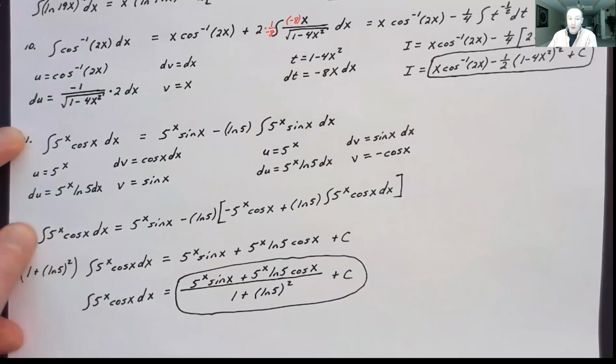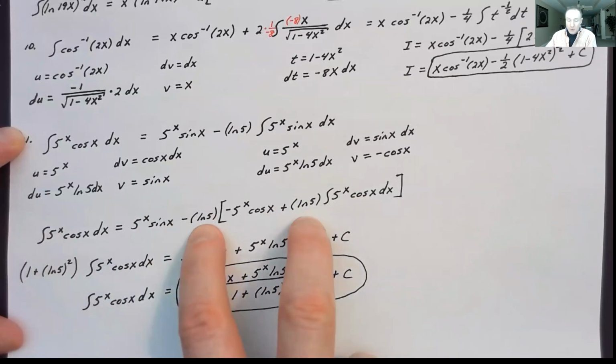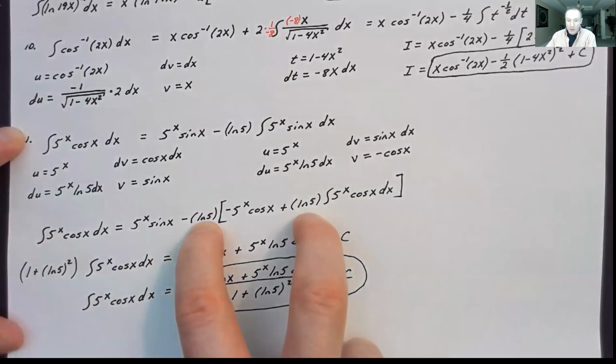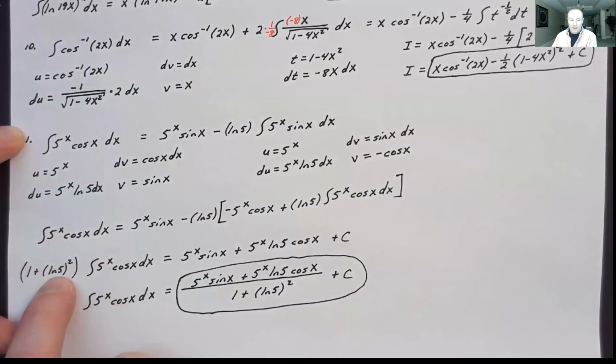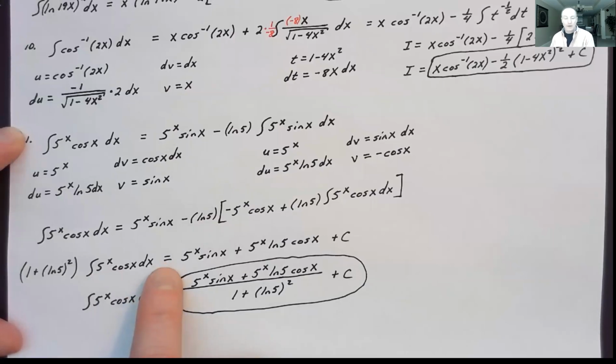Well, 1 plus the natural log of 5 quantity squared, when I move this to the same side, gives me this as the coefficient. And no, you do not want to put that as a decimal. We want exact answers. So I have 1 plus the natural log of 5 quantity squared times the integral of the original problem, 5 to the x cosine of x dx.